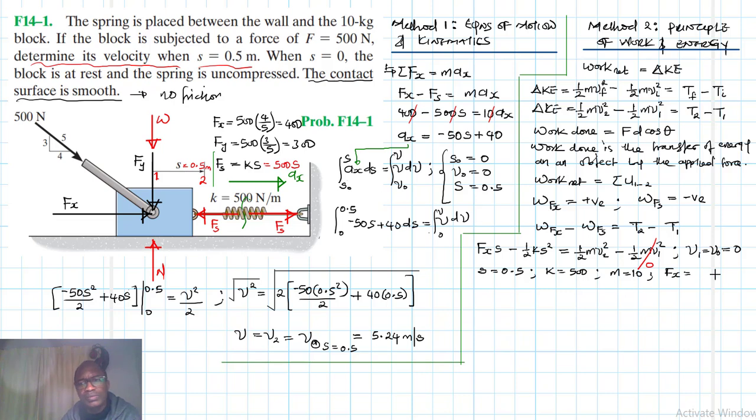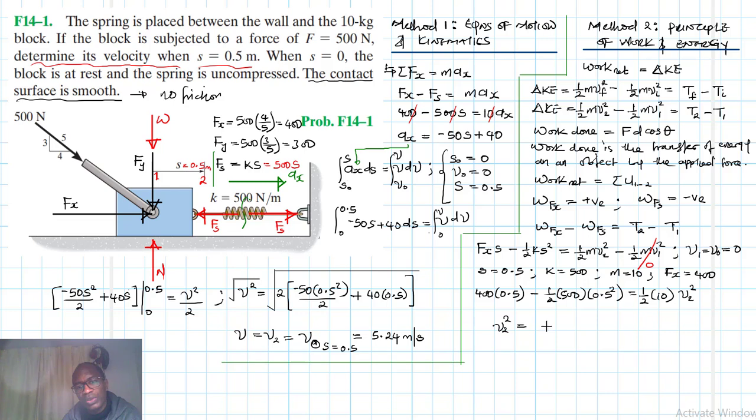Is that so? So what do we have? We do have 400 times 0.5 minus half 500 by 0.5 squared equal to half by 10 V squared.